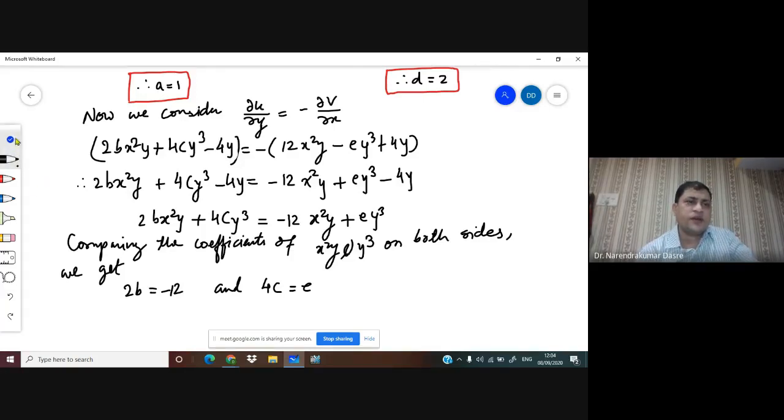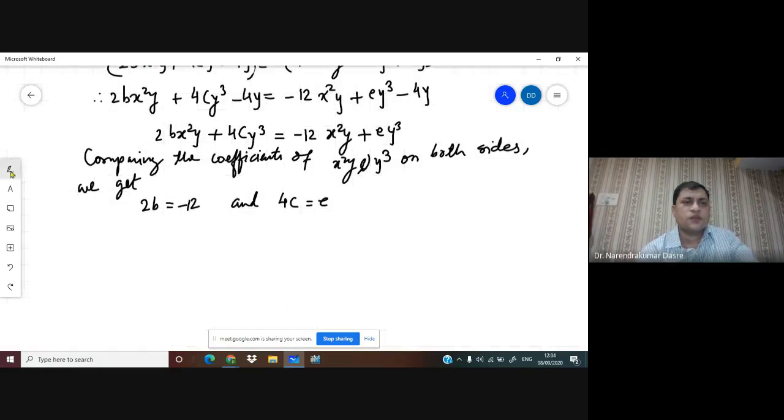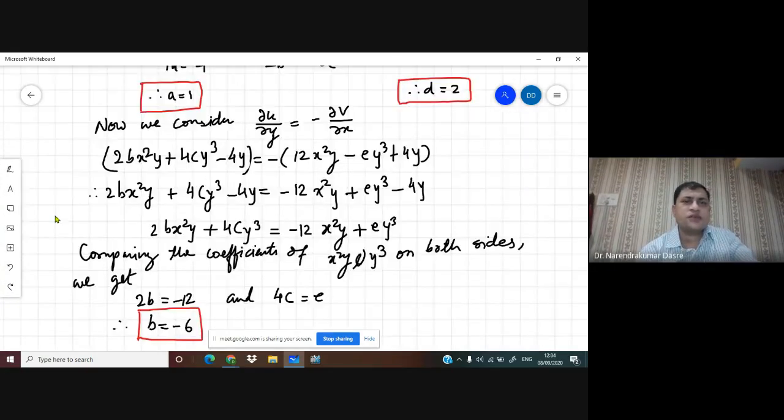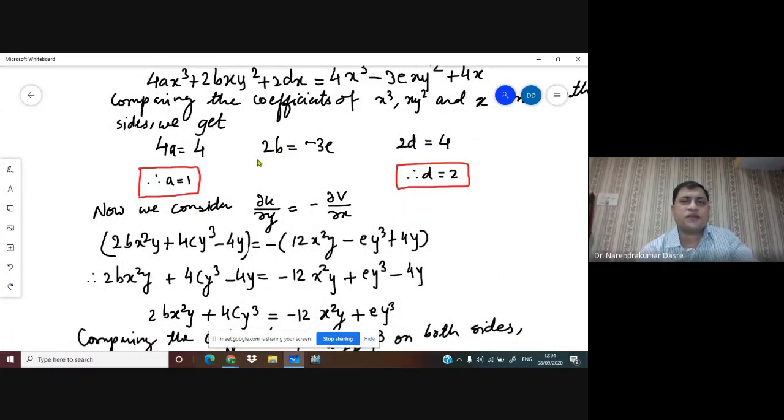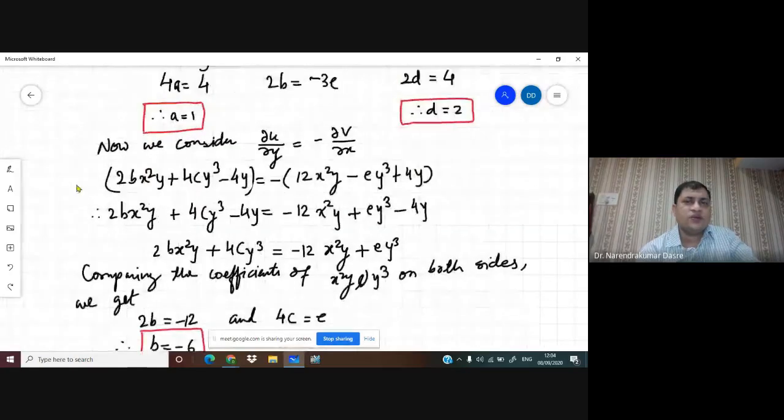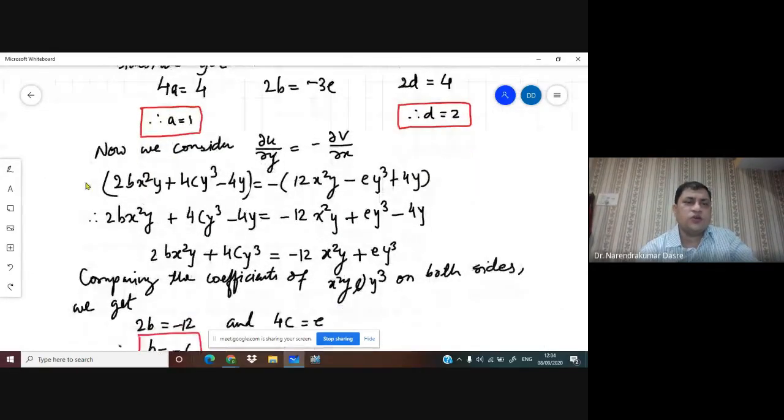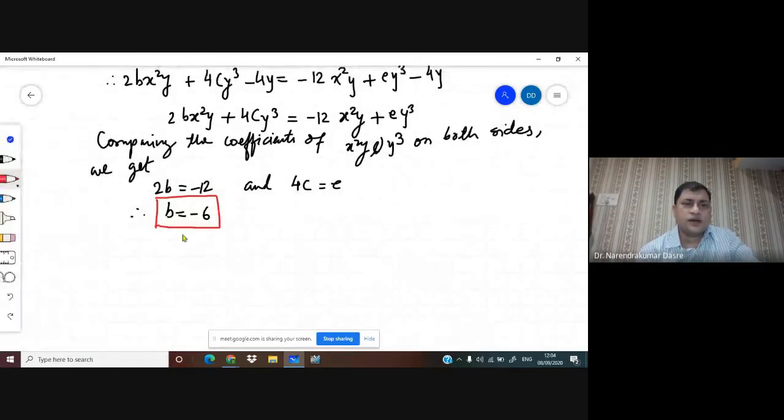Now simplify. So from here we are able to get that b is equal to minus 6. Okay, now if b is equal to minus 6, what we know is, we know that 2b is equal to minus 3e.